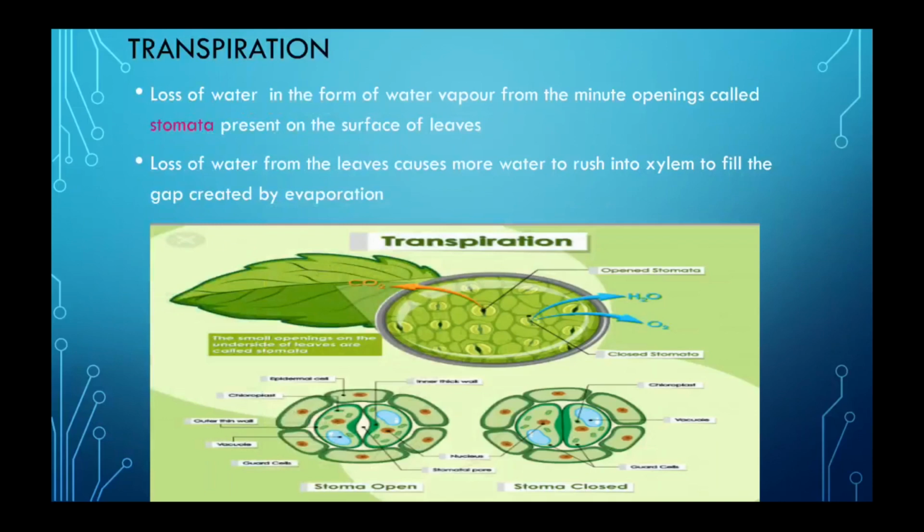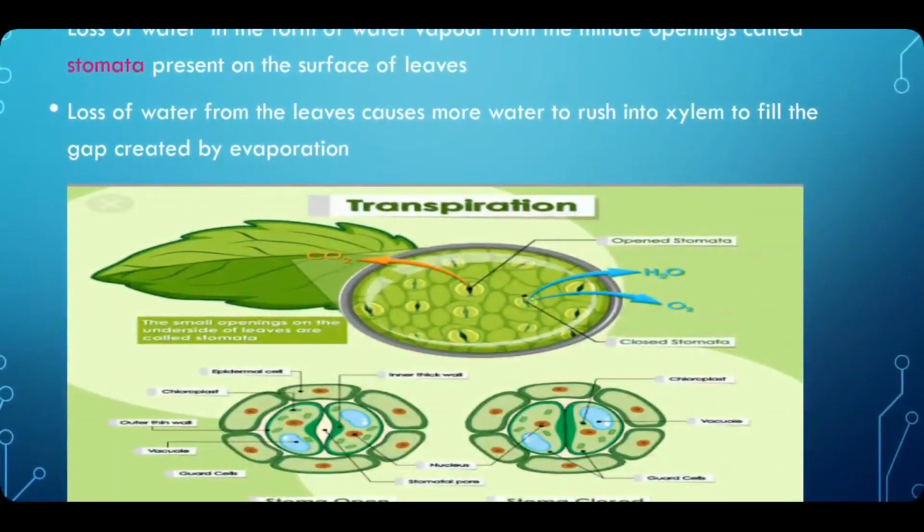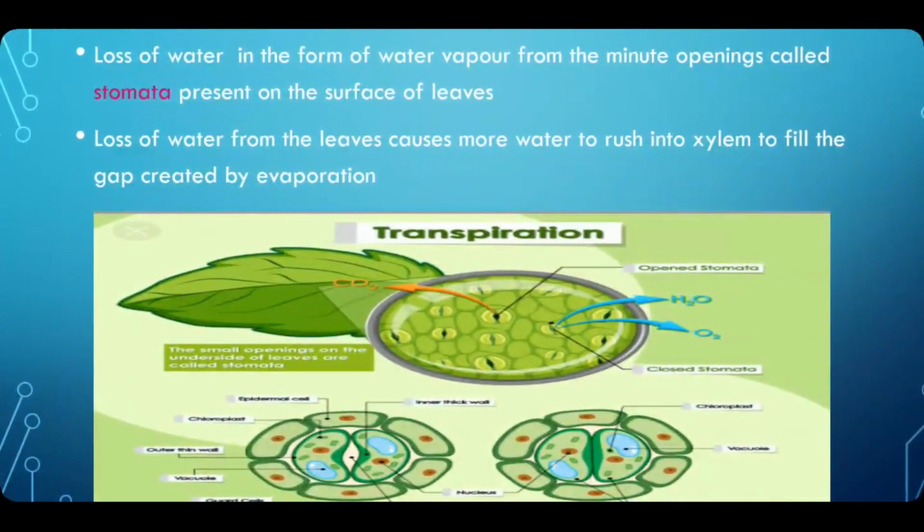By this, water evaporates into the atmosphere. Because of this loss of water, the leaves cause more water to rush up into the xylem. As you know, there is xylem between the roots and the leaves, and this xylem is now under stress because it has to pull up water to fill the water gap created by evaporation.